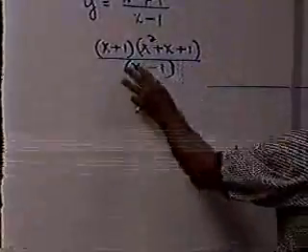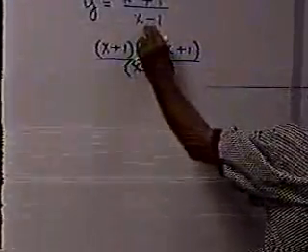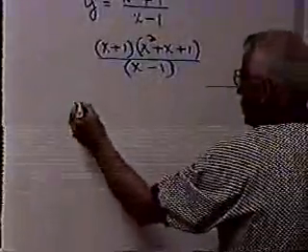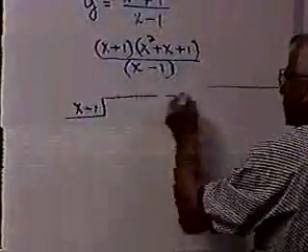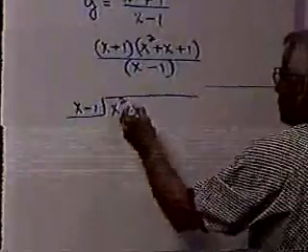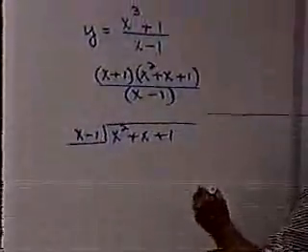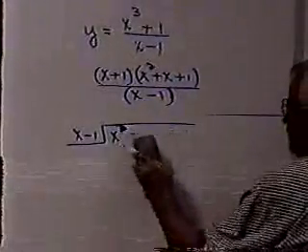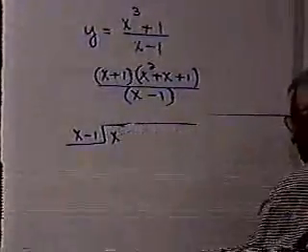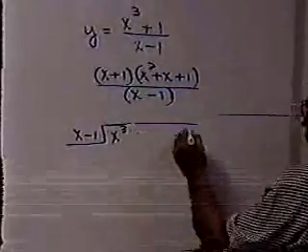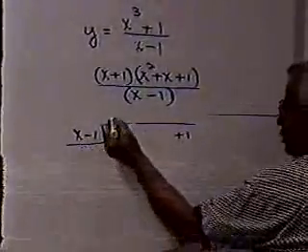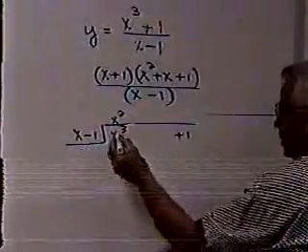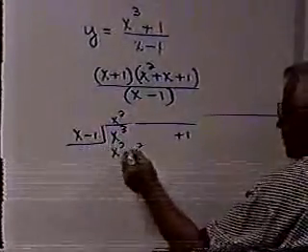Now, what I want to do is step 4. Step 4 is I'm going to divide this into that. So we're going to do x minus 1 into x cubed plus 1. I'm writing down the answer, all right? X going into x cubed, x squared. So x squared times x is x cubed minus x squared.